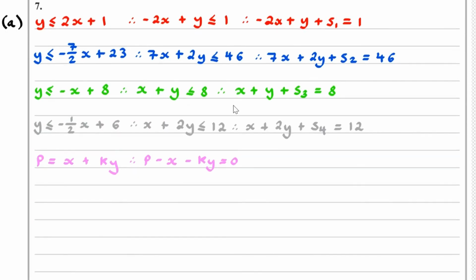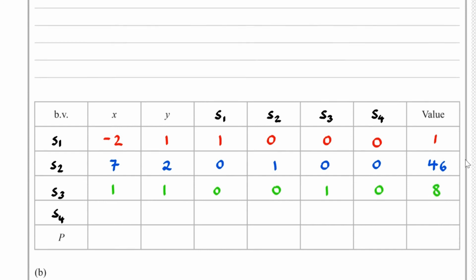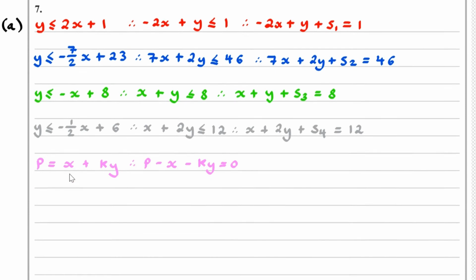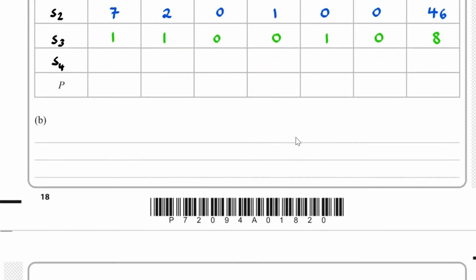If we take a look at the next one, we've got 1, 1 and then 1 S3, 0, 0, 0, and then 8. And then S4, this one here, we've got 1, 2, and 1 S4.